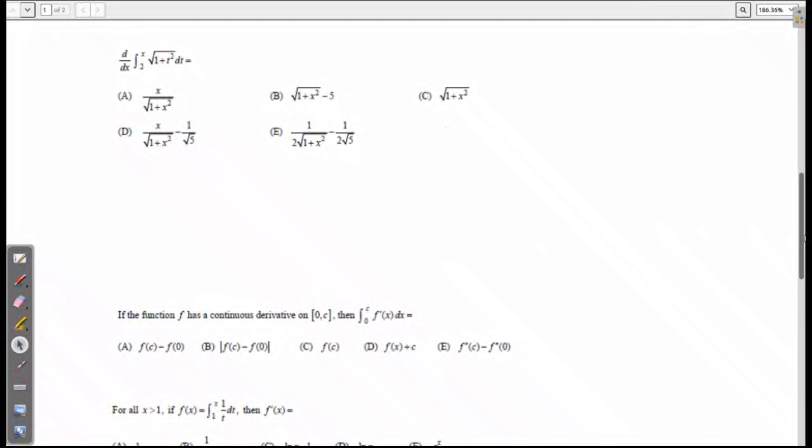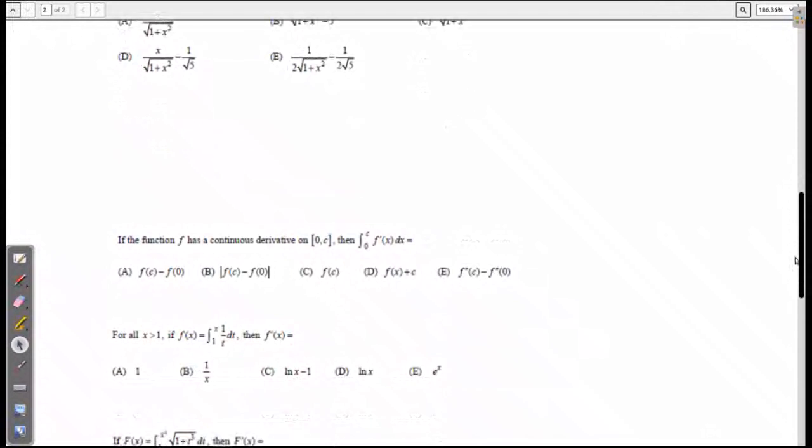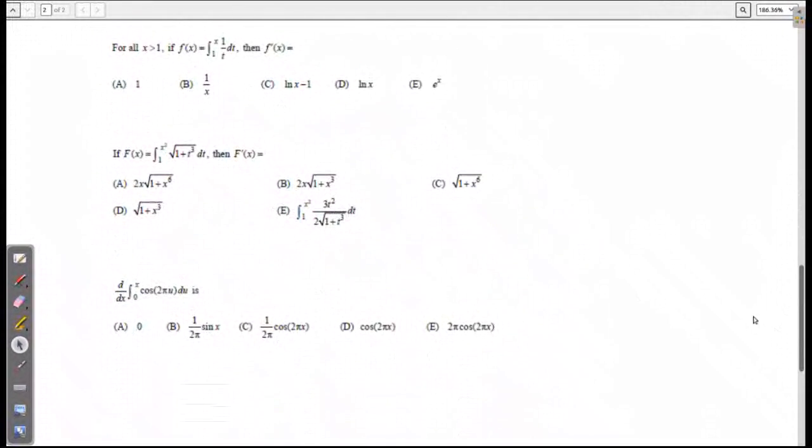So let's go ahead and take a look at what we got. In this problem, it says for all x greater than 1, and we'll see why they specify this in just a moment, if f of x is equal to the antiderivative of this function, what is f prime?